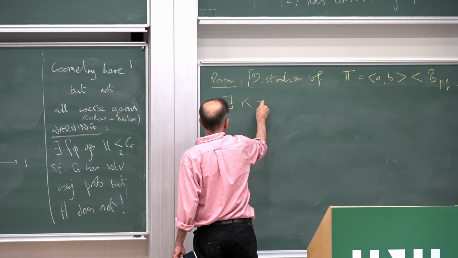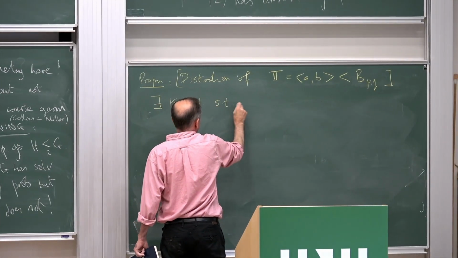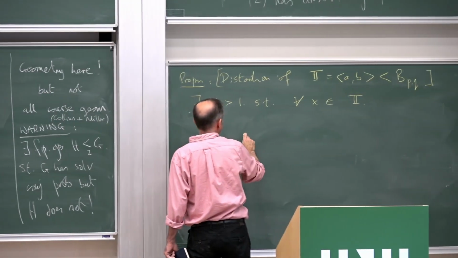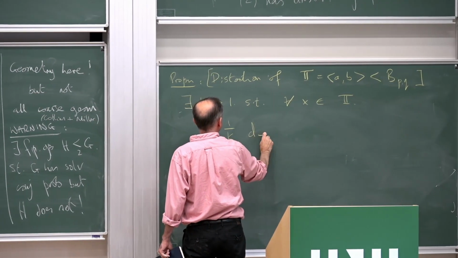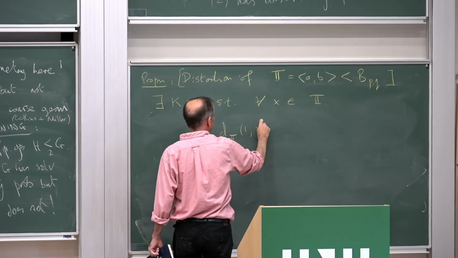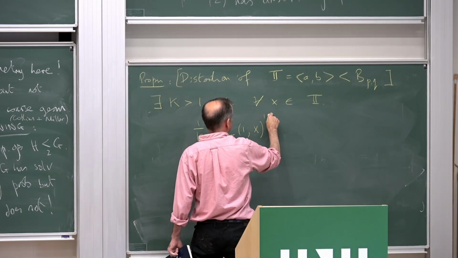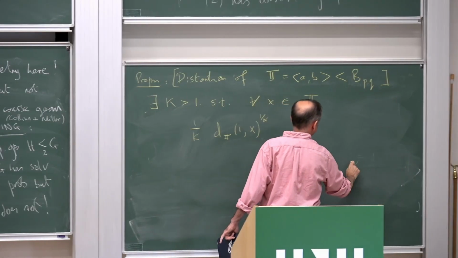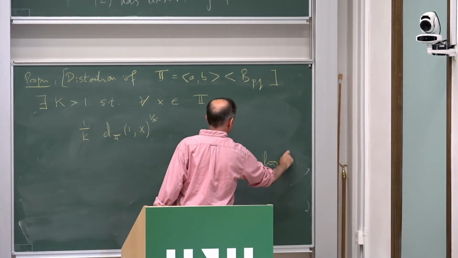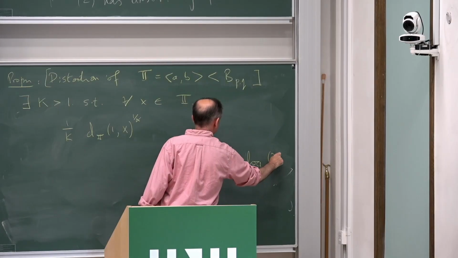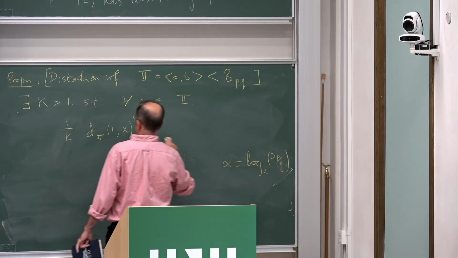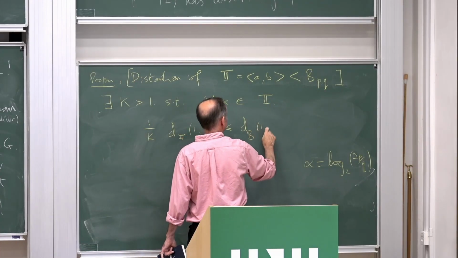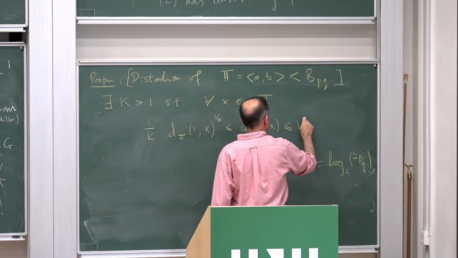There exists a constant so that for all x in the torus, if you look at the distance in the torus between 1 and x, and you take that to the 1 over alpha, where alpha is that exponent, log to base 2 of 2P over Q, that is a lower bound on the distance in the ambient group, and it's also an upper bound.